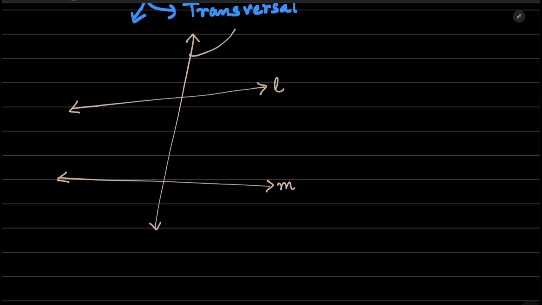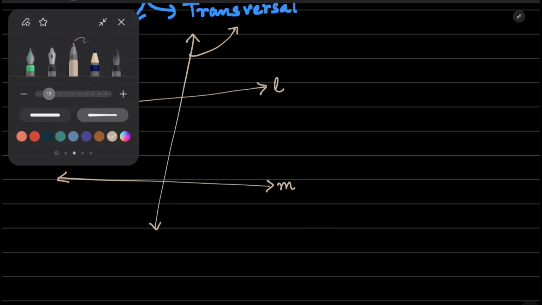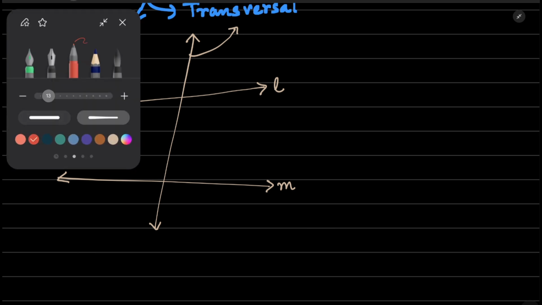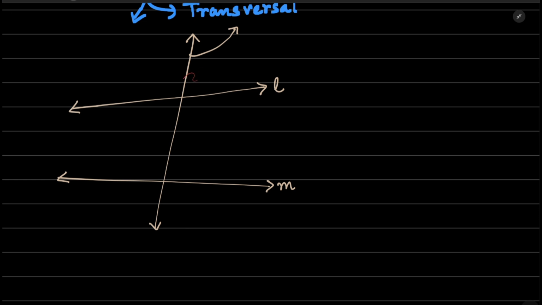Clear? Now let me mark the angles. Let this be angle 1, let this be 2, 3 and 4. Again you have angle 5, angle 6, angle 7 and angle 8.